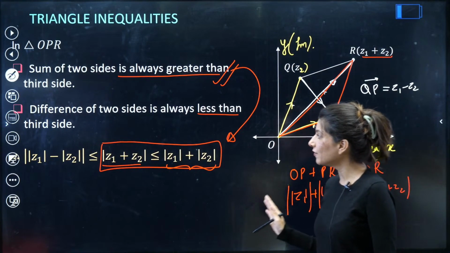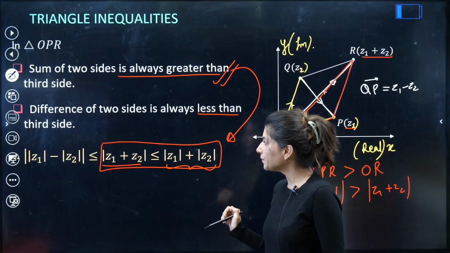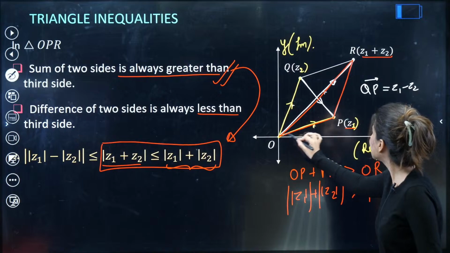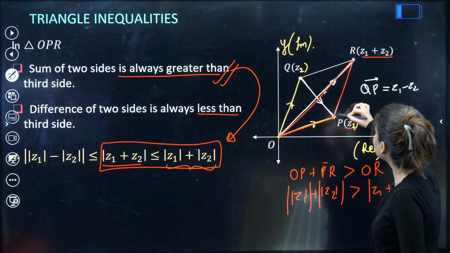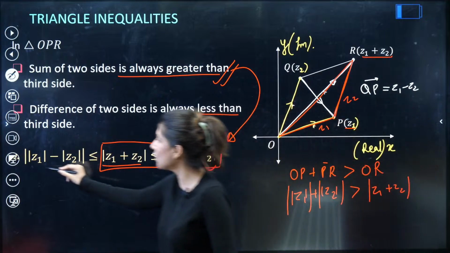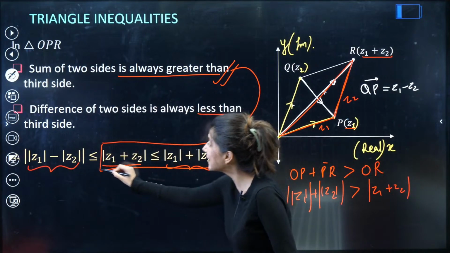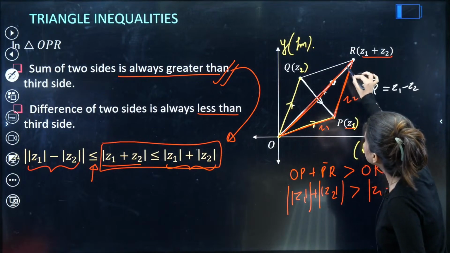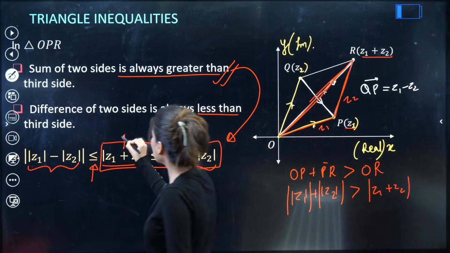Now for that, what we will do is difference of two sides. So this side is your Z1, this side is your Z2. So this is your difference of two sides, is always less than third side. This is your third side.